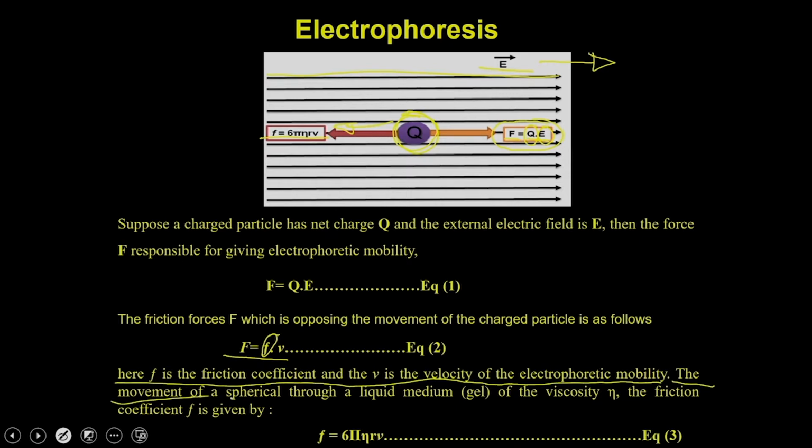For a spherical object moving through a liquid medium of viscosity eta, the frictional coefficient f is given by 6 pi eta r. So if a molecule is moving through a liquid medium, such as a gel, viscosity and friction take place, and the frictional force is equivalent to 6 pi eta r v.